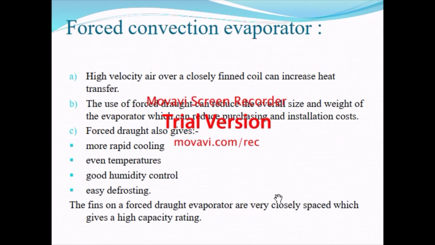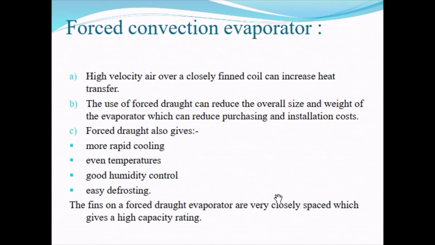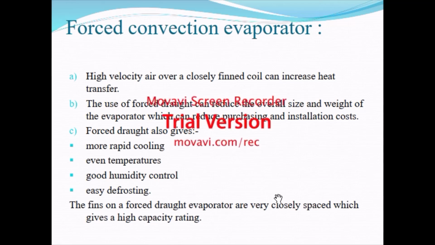Now we go to the forced convection evaporator. High velocity air over a closely spaced fin coil can increase heat transfer. Yes, correct, so we can add more fin coil around the tube.